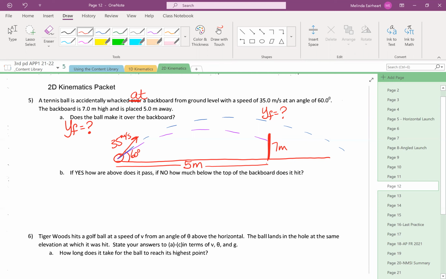If yes, it does pass over, then how far above the backboard does it pass? And if not, how much below the top? So you're comparing it to the 7 meters, okay? All right, I'll give you 5, 8-ish minutes to work this one out, and then we'll Tiger Woods.